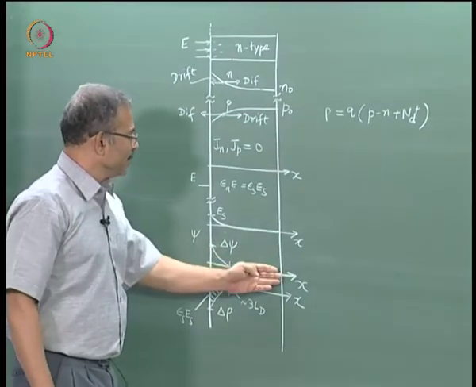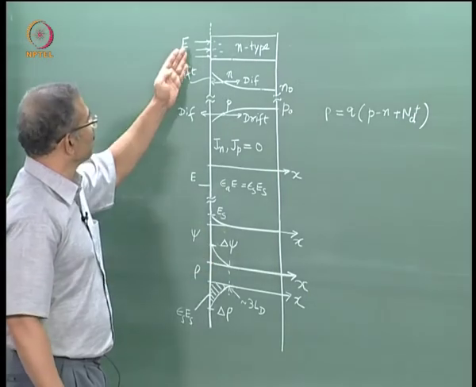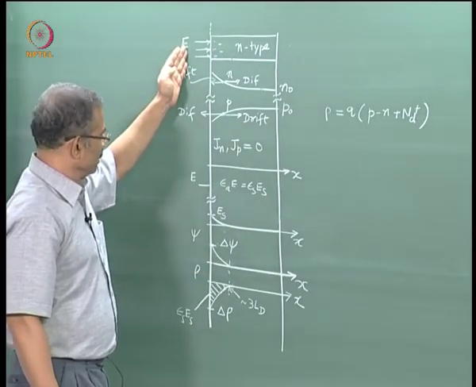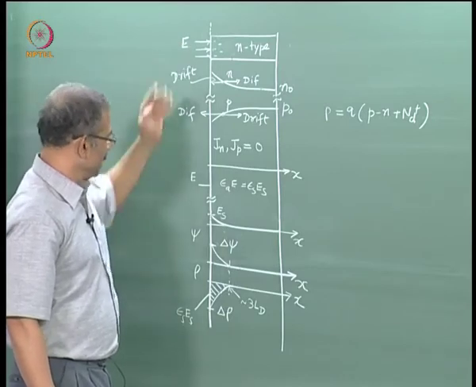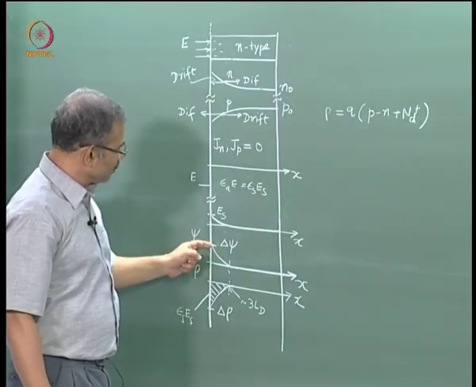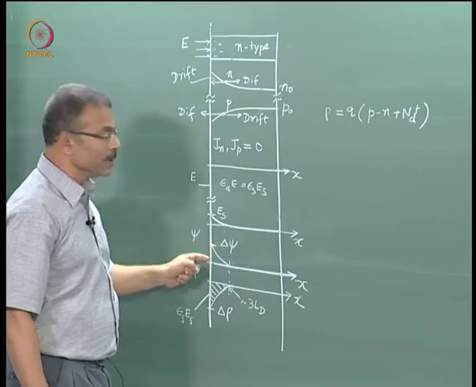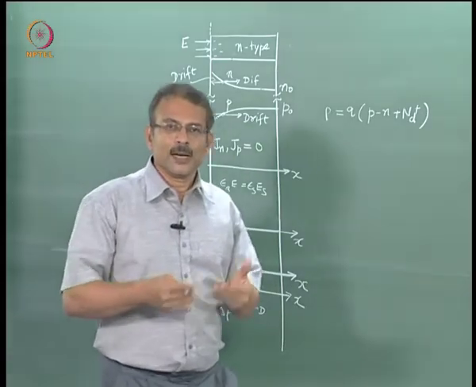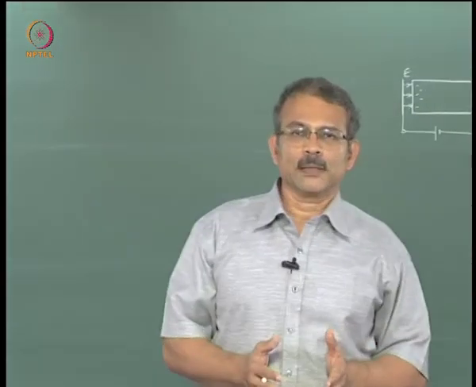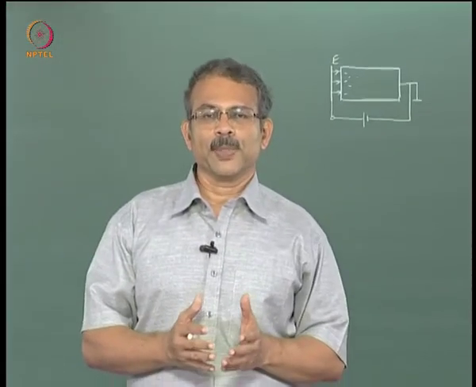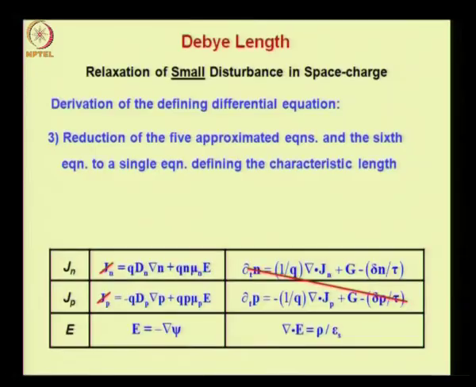Under equilibrium everywhere potential is 0 when you do not apply an electric field. When you apply a small electric field, we are saying that the electric field is so small that the maximum value of the potential here is much less than thermal voltage. Now we will understand why we are using thermal voltage as a metric to decide the smallness of ψ. This will become clear shortly.